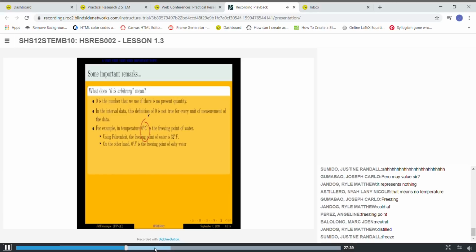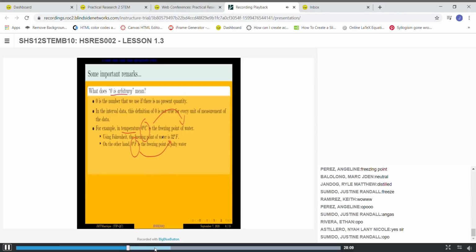Yung 0 degree Celsius, freezing point ng ordinaryong tubig. Pero yung 0 degree Fahrenheit, yung freezing point ng tubig alat. So magkaiba yung ibig sabihin ng zero when it comes to temperature. Kaya siya tinawag na zero is arbitrary. Okay? Maliwanag ba to? Importante to.